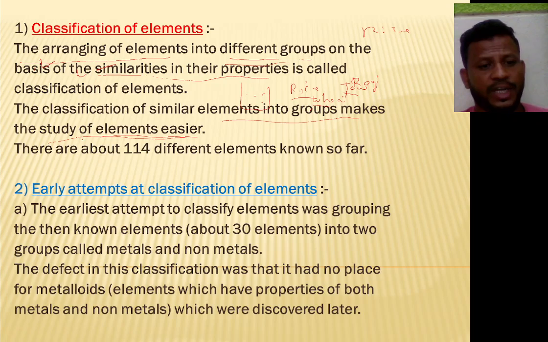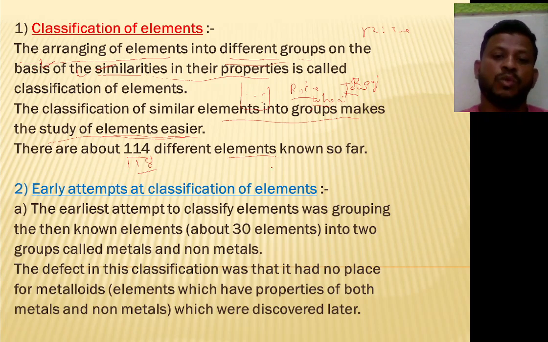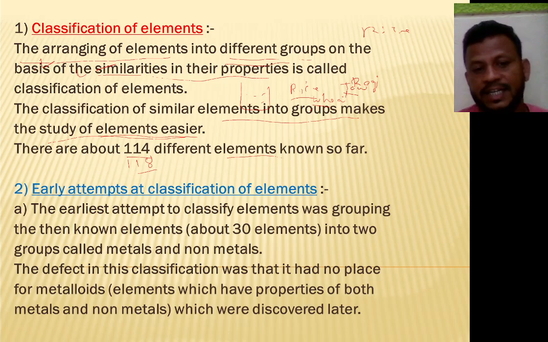Next point: in total, there are 118 different types of elements known so far, not 114, more than 114. I mean near about 118 elements we know up to these days.